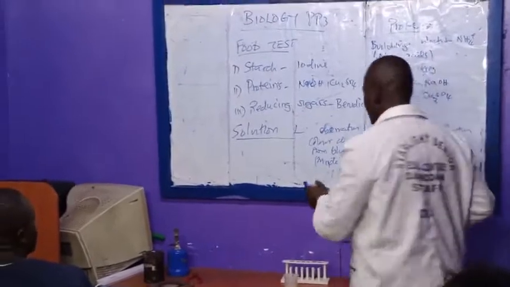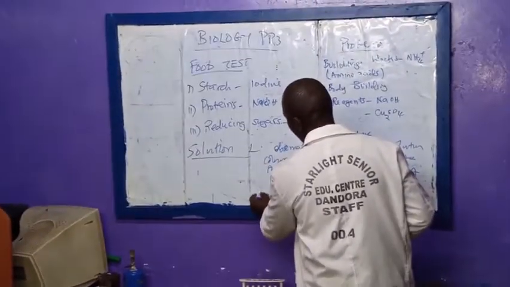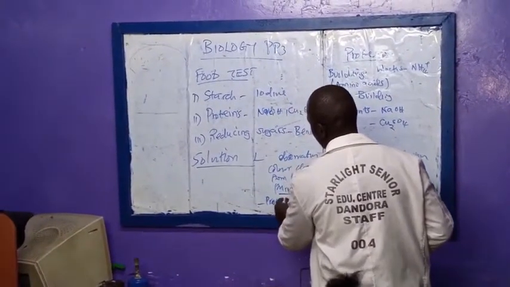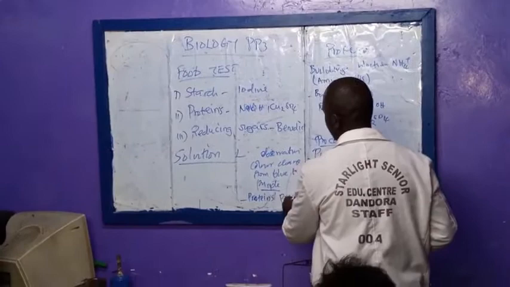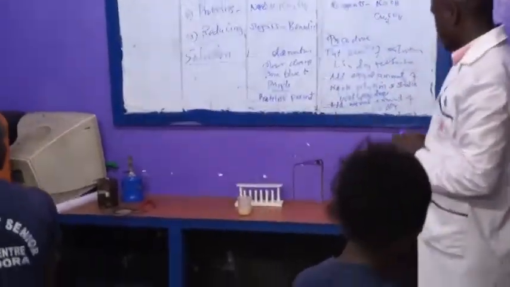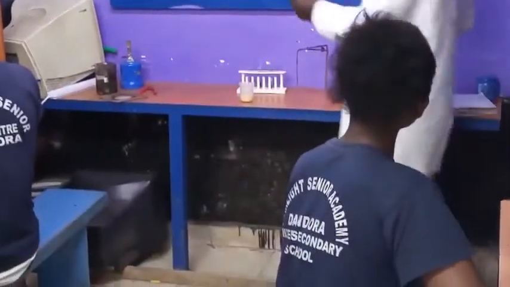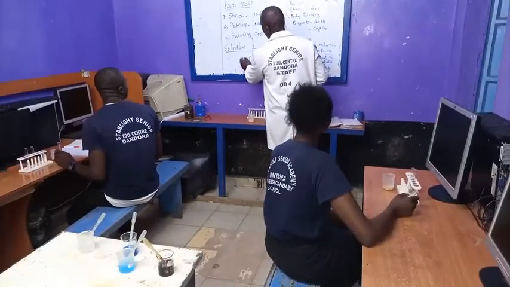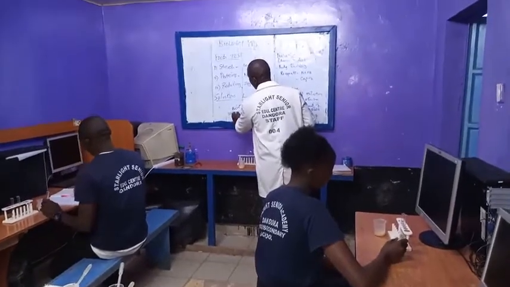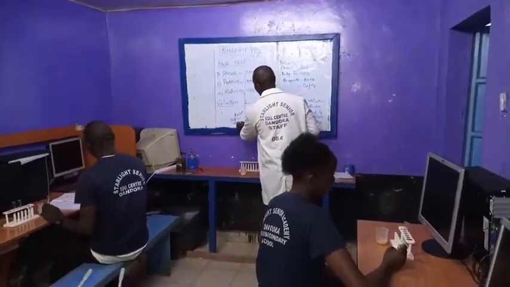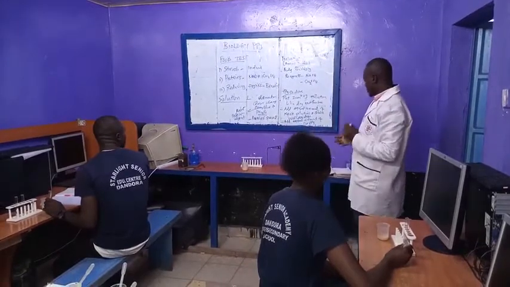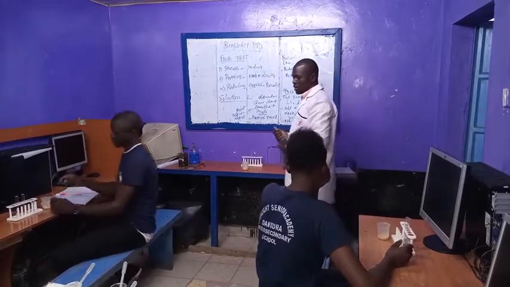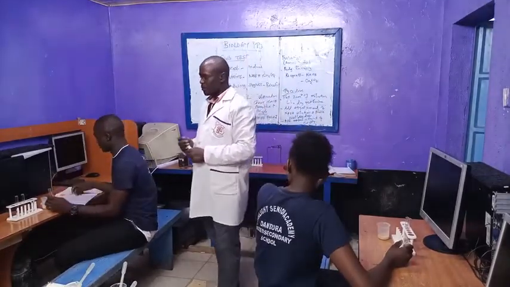The presence of the purple color, we say proteins present. When the blue color persists, then we say proteins absent.